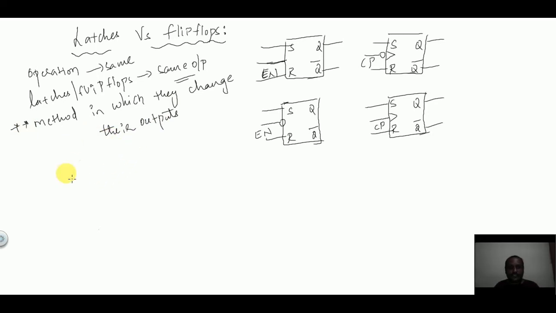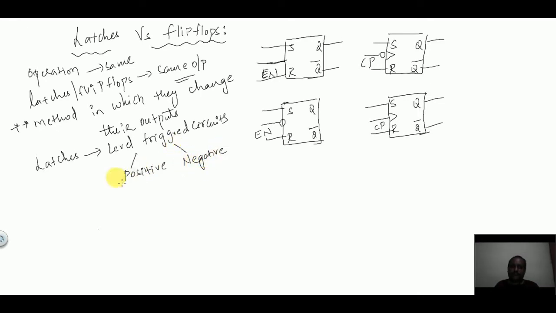Latches are level triggered circuits. This level may be either a positive level triggered circuit or a negative level triggered circuit.